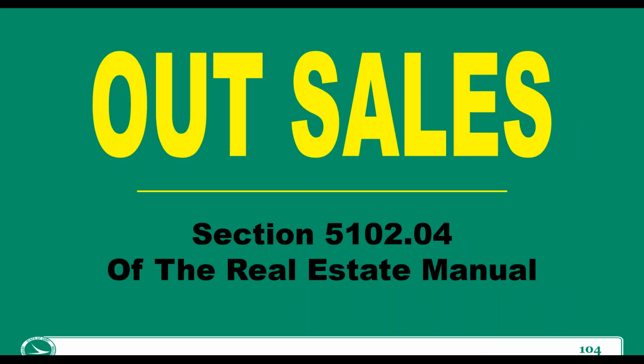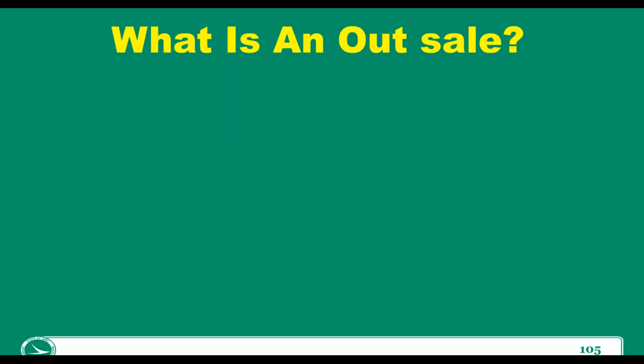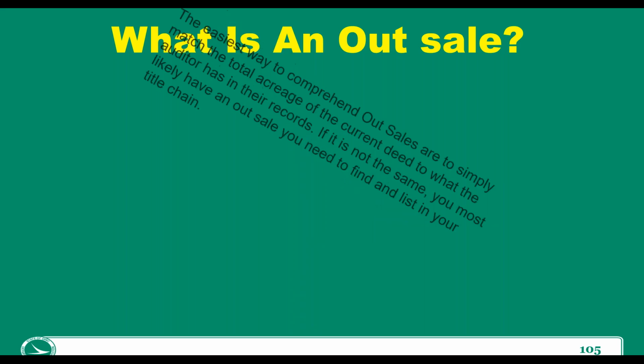We're going to go ahead and move on to outsales. Outsales are tricky. They're not horribly tricky, but if you're not familiar with outsales, they can be a little stifling. We have a section, 510204, of our manual that explains them. What is an outsale? An outsale should have been one word.